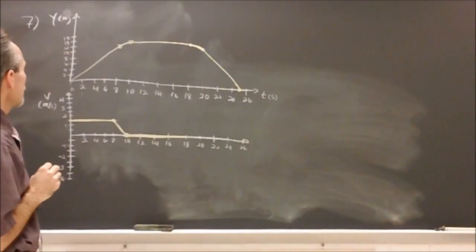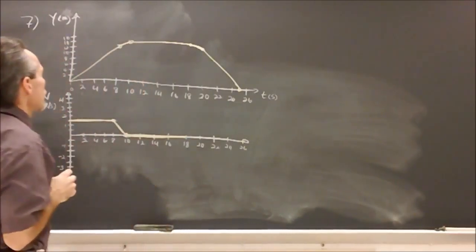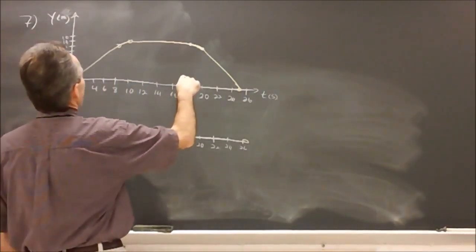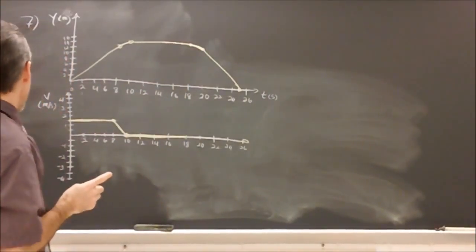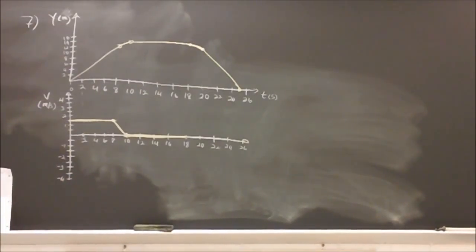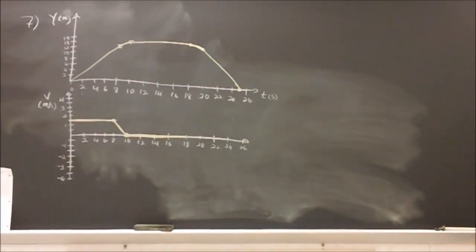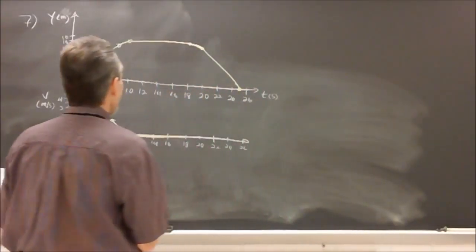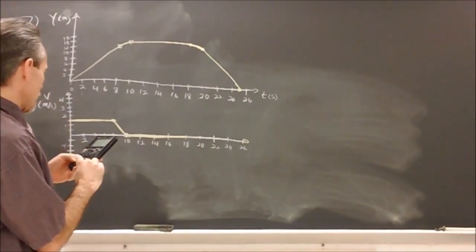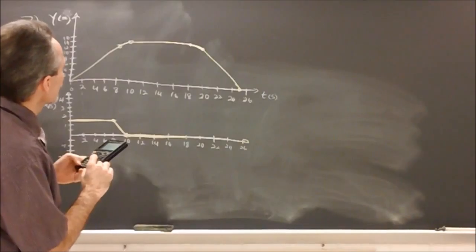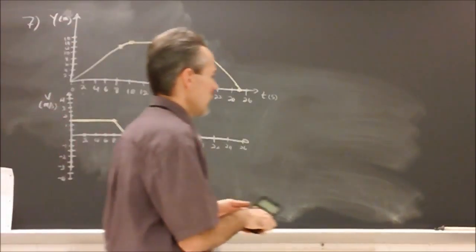And constant acceleration. And there's a constant slope here from 20 to 25 seconds. And so that would be a rise of negative 12 over 5. And that gives you negative 2.4.